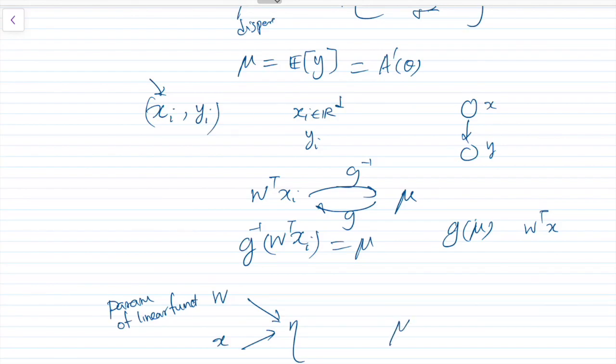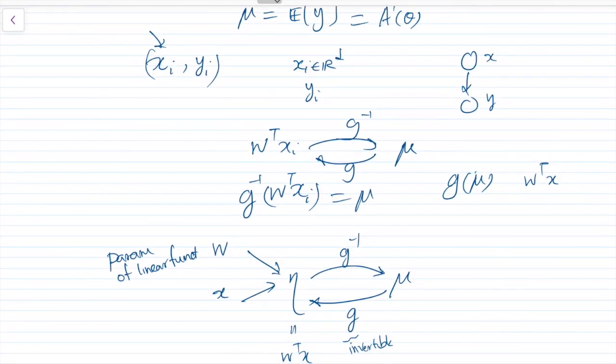And they're connected to the mean through a function. So I'm estimating a function of mu, and this function has to be invertible, so g minus 1 also exists. And this is basically the mean of my y.